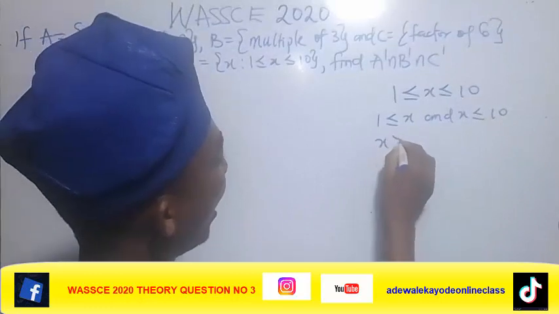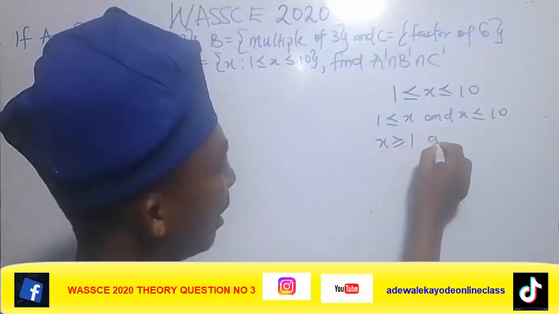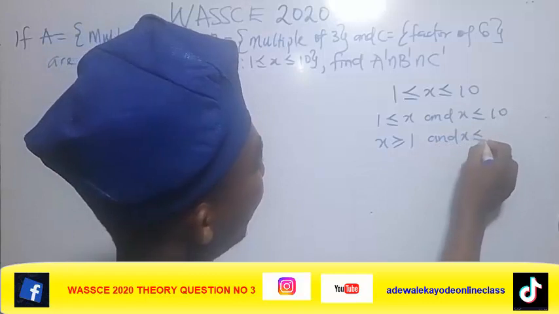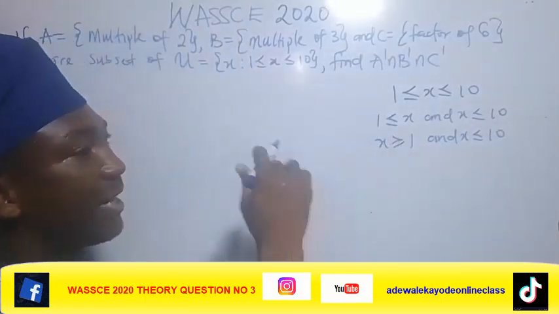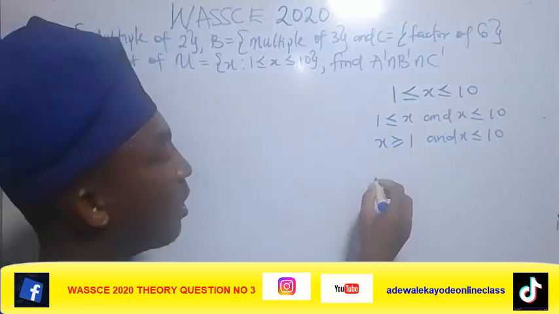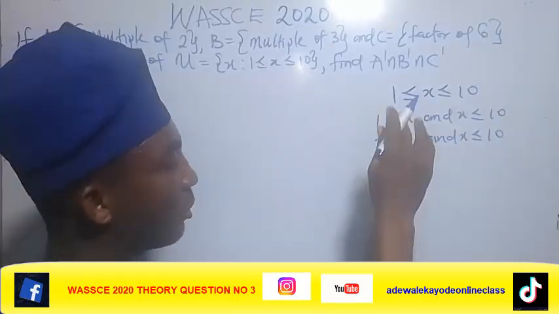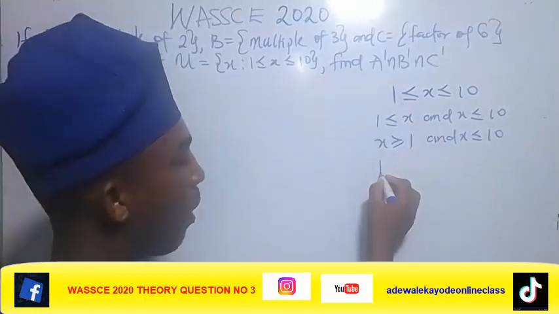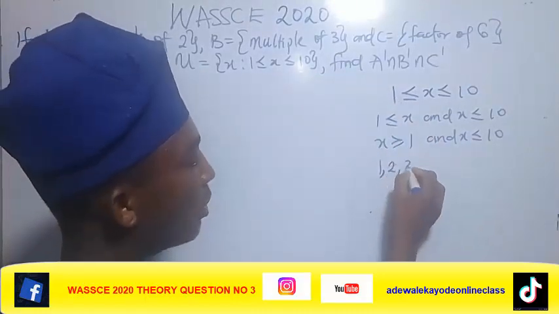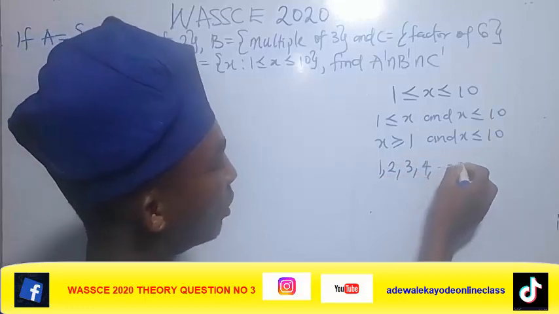So our x is greater than or equal to 1, and our x is less than or equal to 10. What are the numbers that are greater than or equal to 1? 1 itself, 2, 3, 4, and you continue like that.